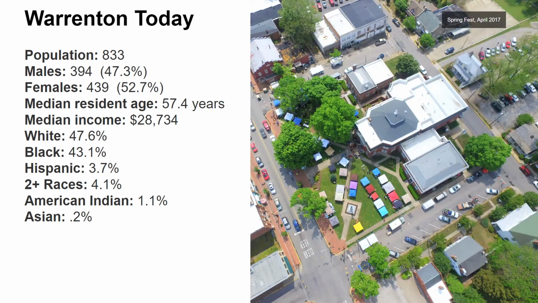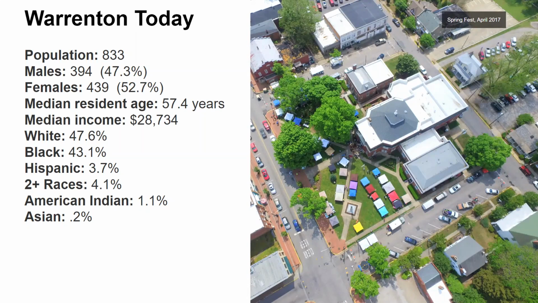The population is also split, interestingly, about 50% between white and black, approximately 47.6% white and 43.1% black. The Hispanic population is about 3.7%, and folks reporting two or more races, like myself, are about 4.1%. The American Indian, the strong Haliwa-Saponi Nation, constitutes about 1.1% of the population. And then there's a small minority population of Asians that represent about 0.2% of the population.